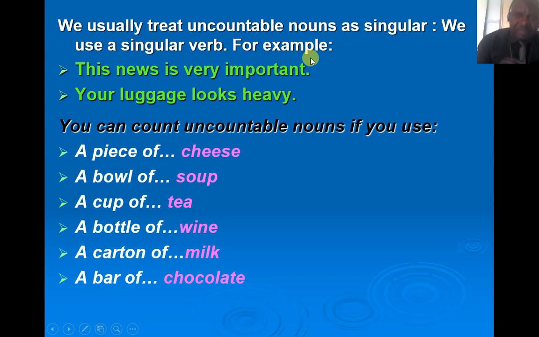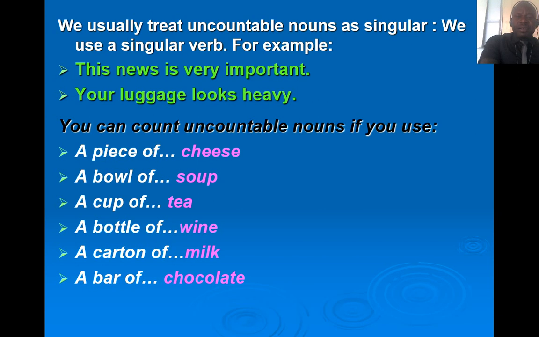Is, because the news is seen as an inseparable entity. The luggage looks heavy. Luggage is also an uncountable noun, so it's seen as an inseparable entity. You can't divide it into counting units.